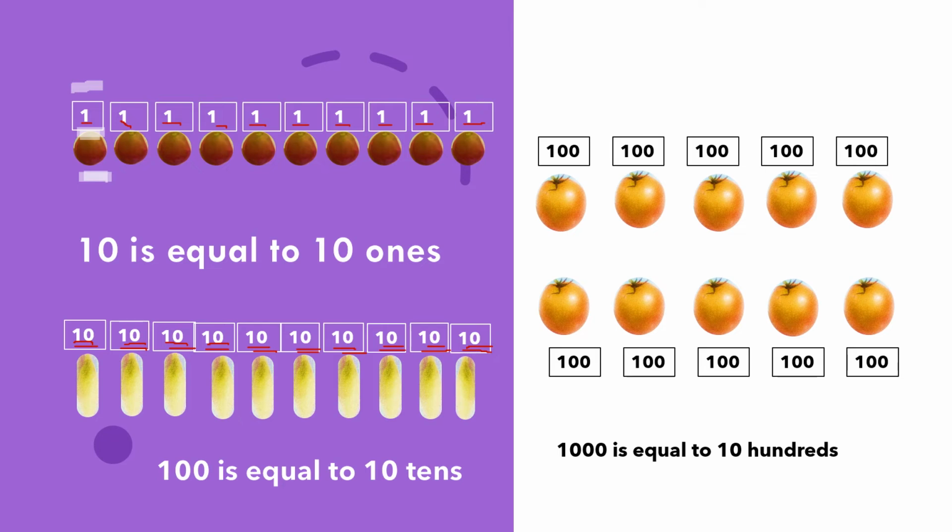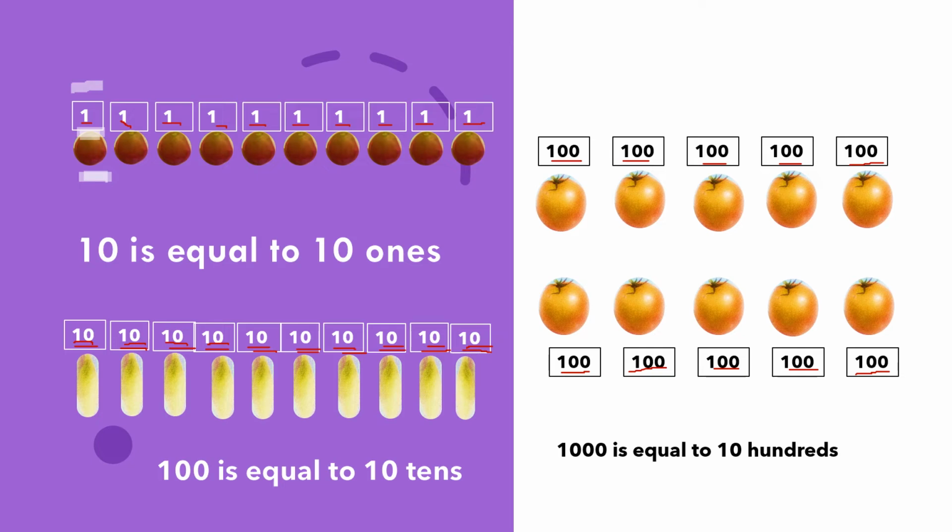Let us count how many hundreds were there. 1, 2, 3, 4, 5, 6, 7, 8, 9, 10. There were 10 hundreds.